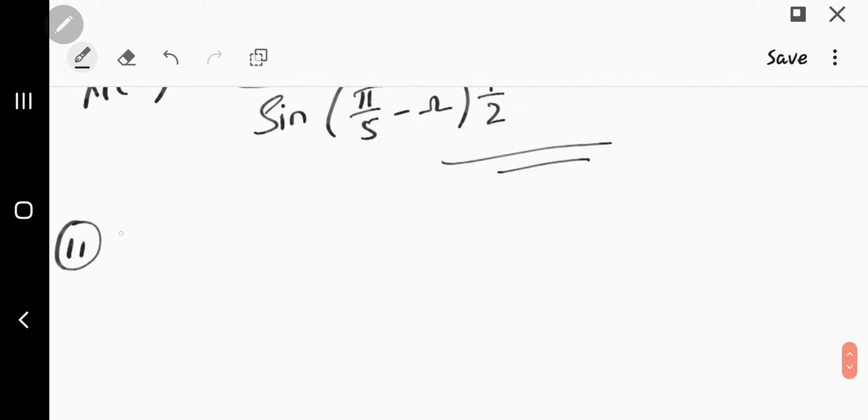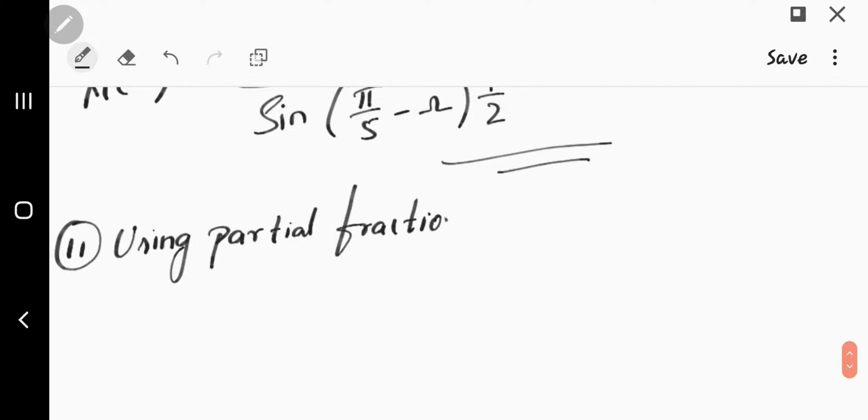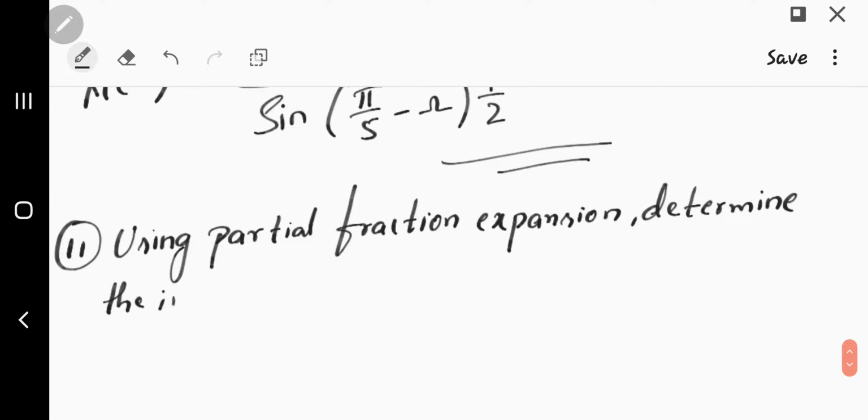Given, so it is like using partial fraction expansion, determine the inverse DTFT of the signal.